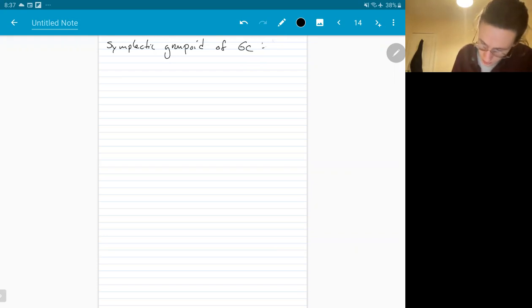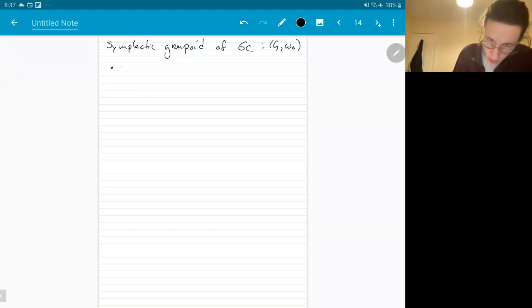Let me call it G sub T, omega sub T, as for the family. Let me just call it G omega. It's actually going to be a deformation of the cotangent bundle.